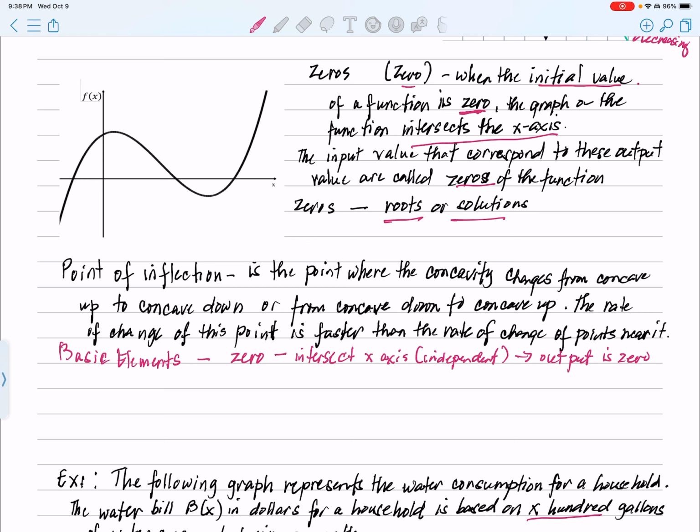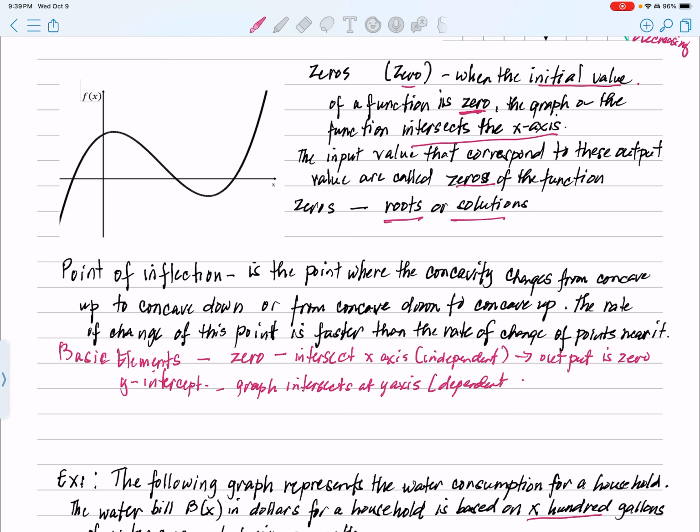Next is the y-intercept. The y-intercept, of course, the graph, where does the graph intersect? At y-axis. And that is y-axis, we call that the dependent.